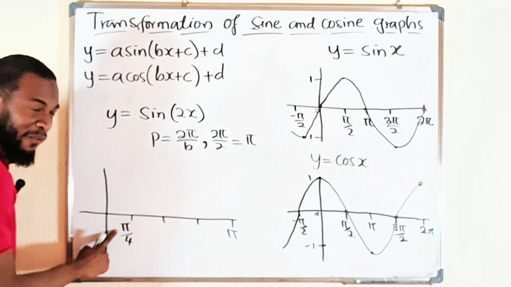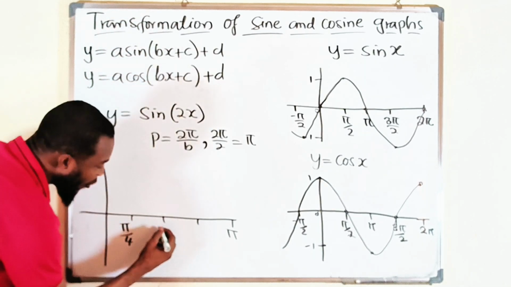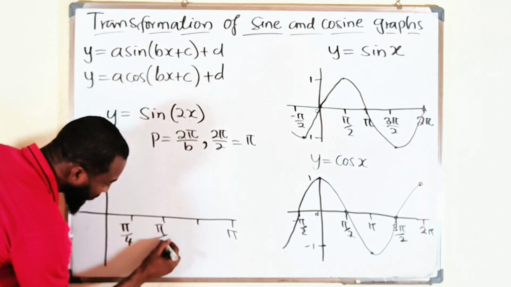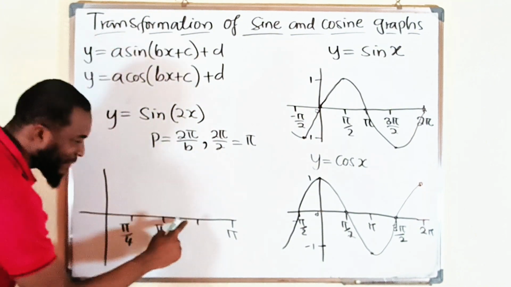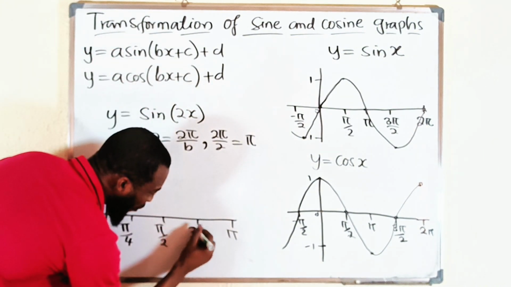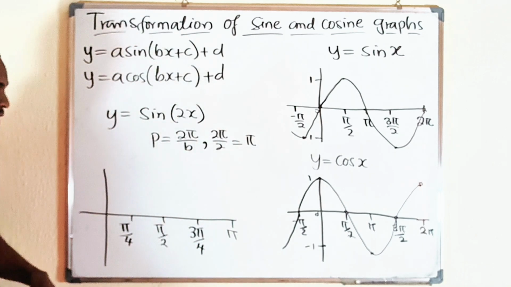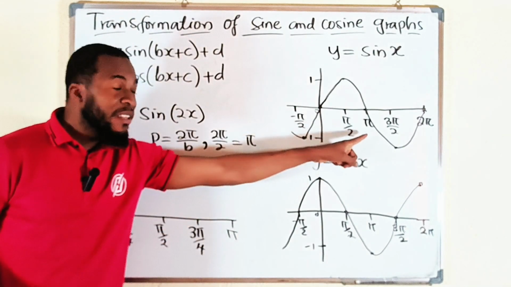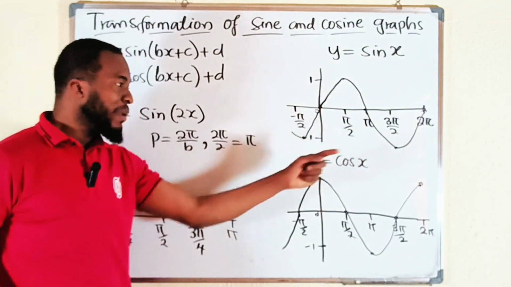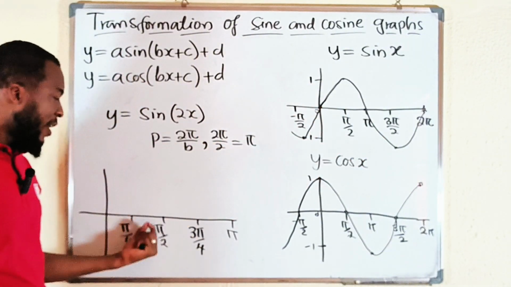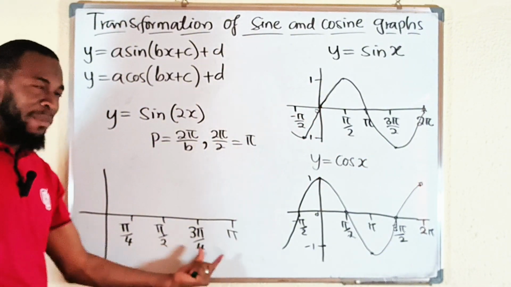This is 1 pi over 4. 2 pi over 4 will be pi over 2. 1 pi over 4, 2 pi over 4, 3 pi over 4. You can see that this graph is shorter than this one logically, but it may look bigger than that one because of the scale, the number of boxes I have taken to drop my numbers.